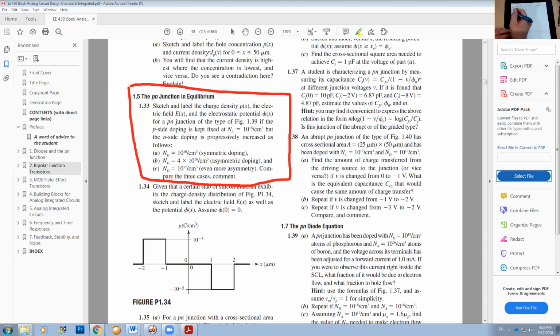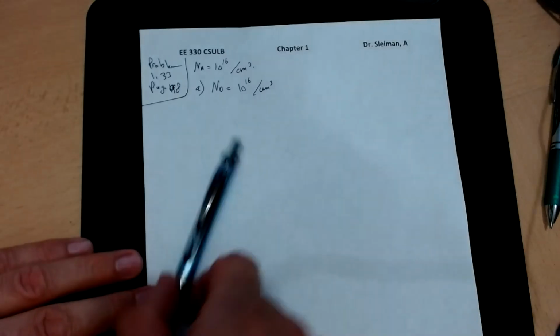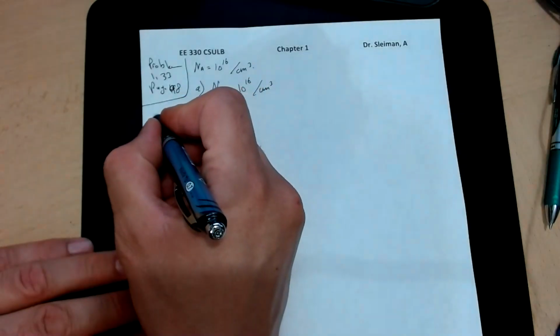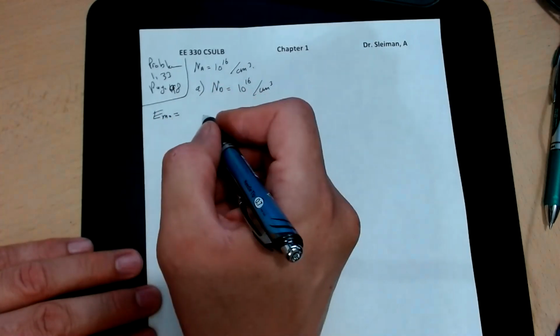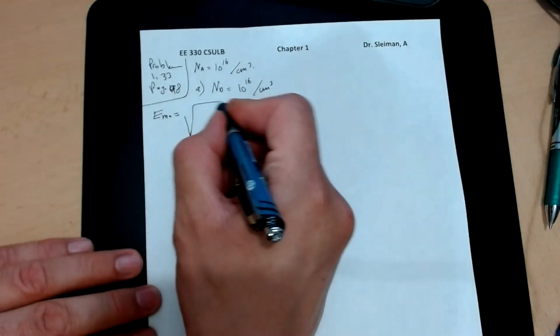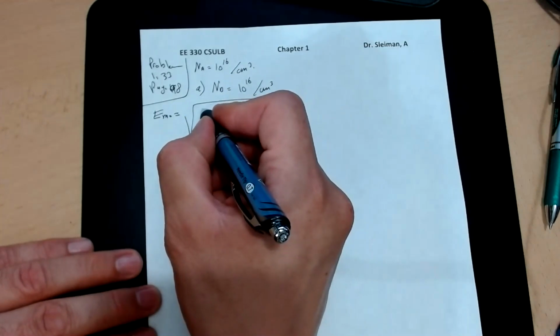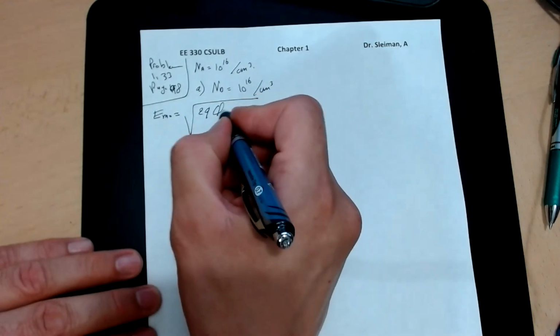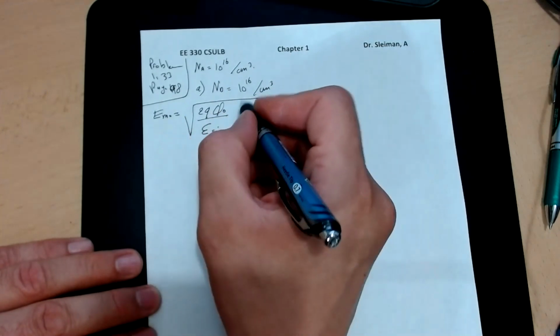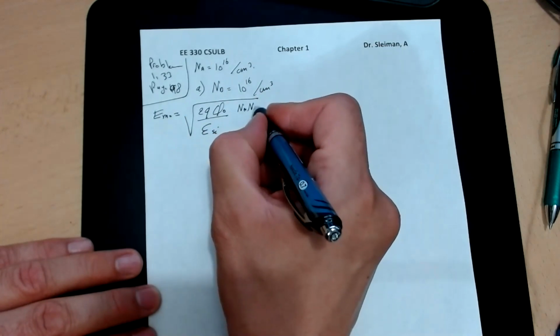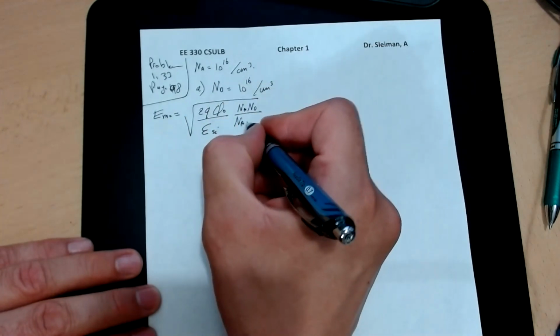Or we need the, let me stop sharing. So EM0 is equal to, we already took this formula, I still remember it: 2Q phi 0 divided by epsilon for the silicon, NA ND over NA plus ND.